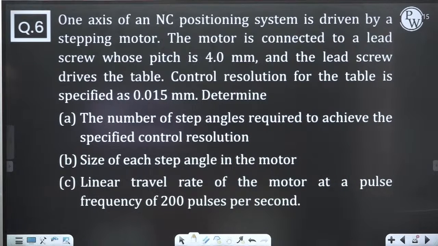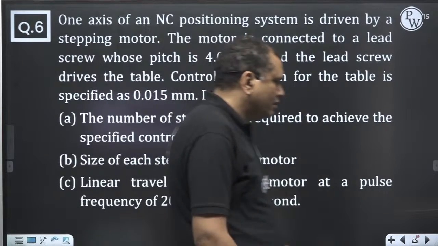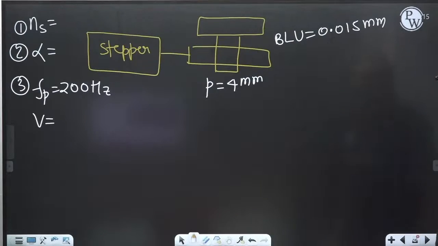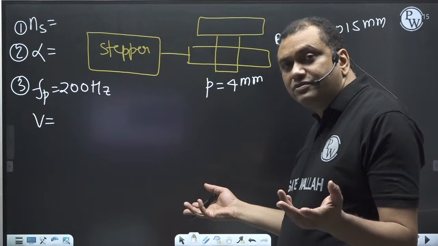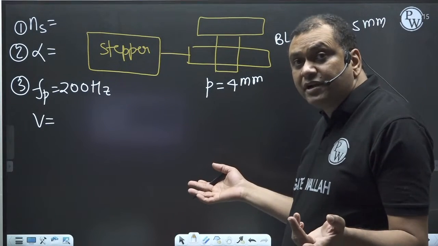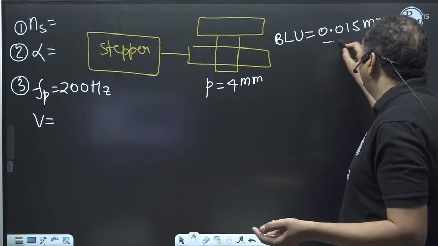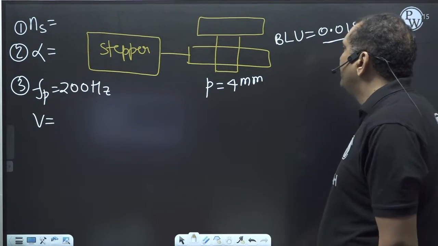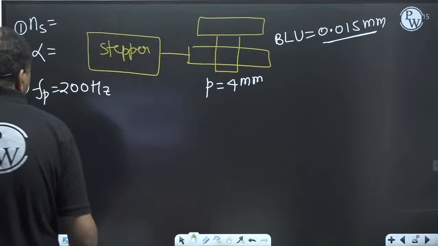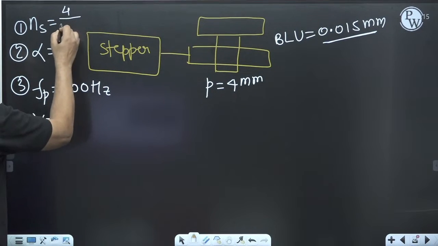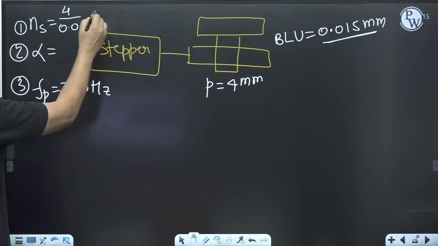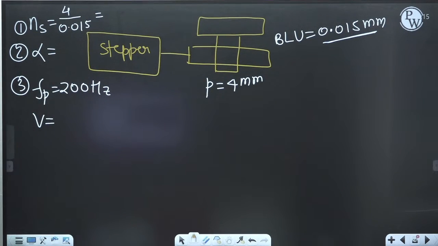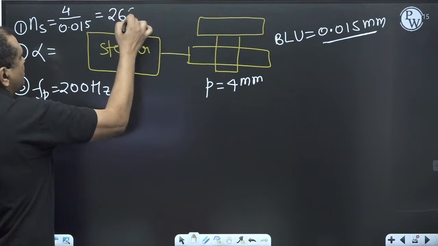No gearbox, no number of starts. PLU is this much. So can I say NS is nothing but 4 divided by 0.015? 4 divided by 0.015 is 266.6.